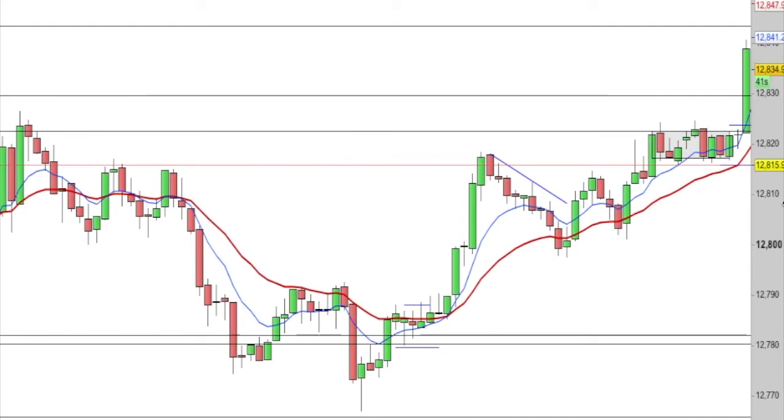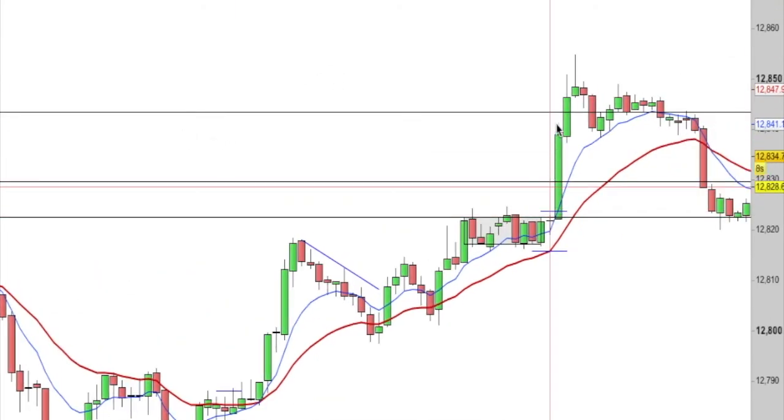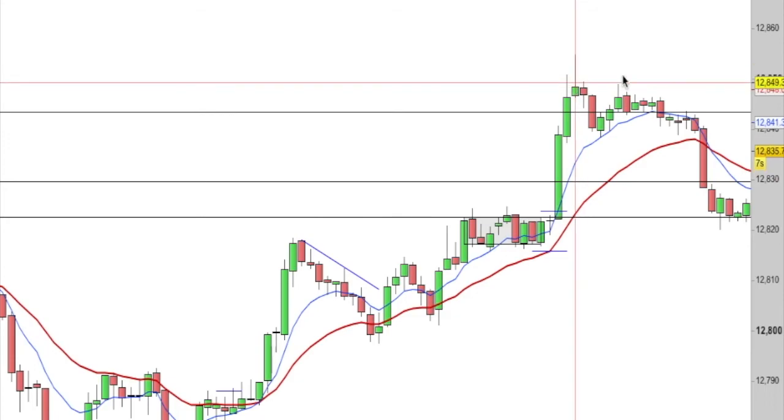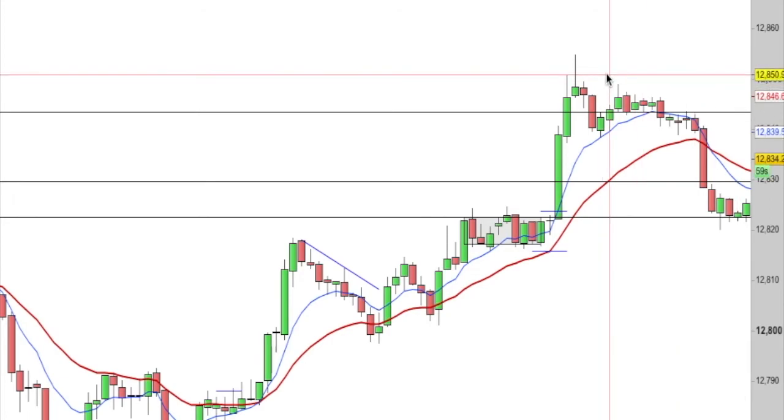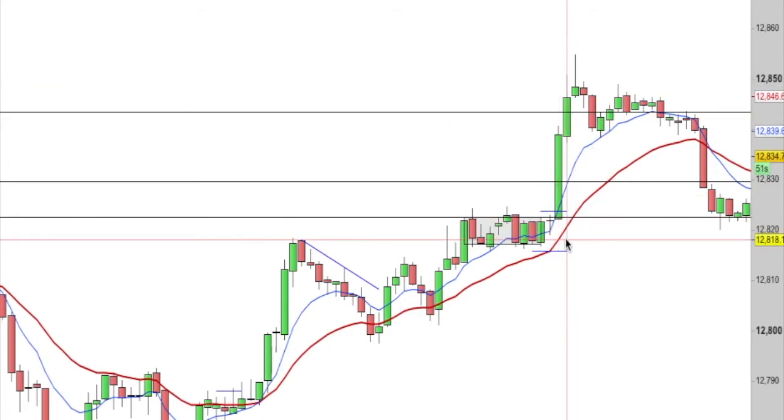And again, as always, I'm looking for 2 to 1 risk to reward on these block break trades. And you can see that we got it at this level here, and funnily enough, not funnily enough because there's no coincidence here, this is the 12,850 round number level just there, and so that's a good exit point for this particular trade.